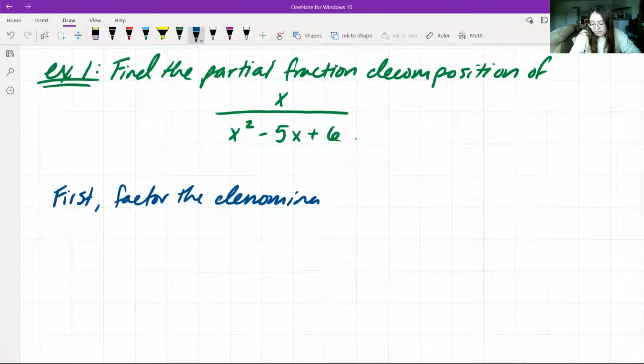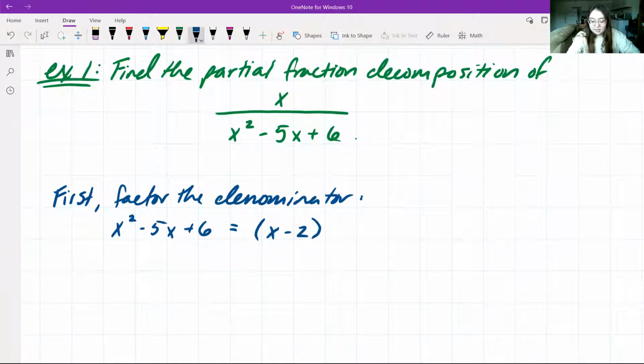Our denominator is x squared minus 5x plus 6. So we want to find values that multiply to 6 and add to negative 5. And those values would be x minus 2 and x minus 3.